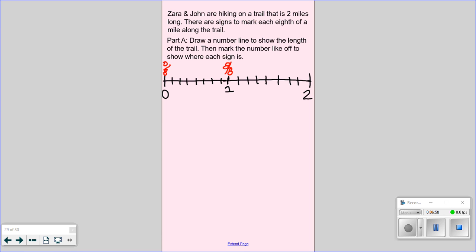So go ahead and keep labeling. What is going to be the tick mark after 8/8? What is that tick mark going to be labeled? The one after 8/8. Brindley? 9/8. Very good.